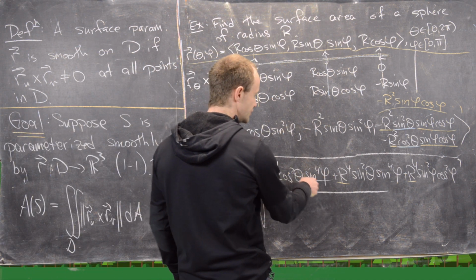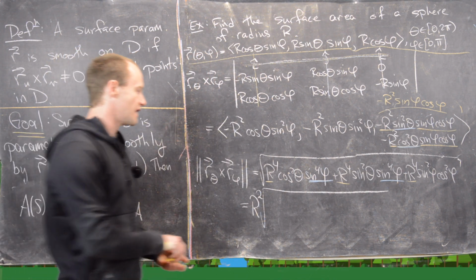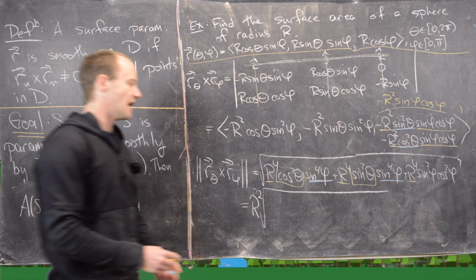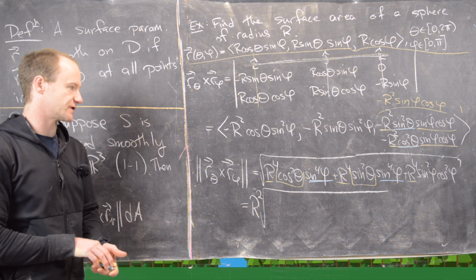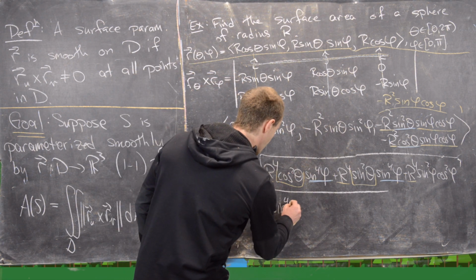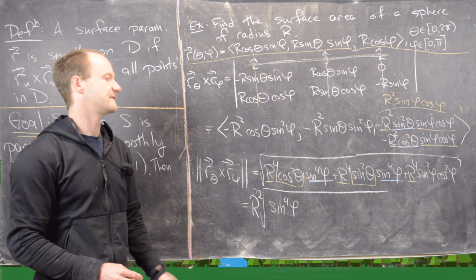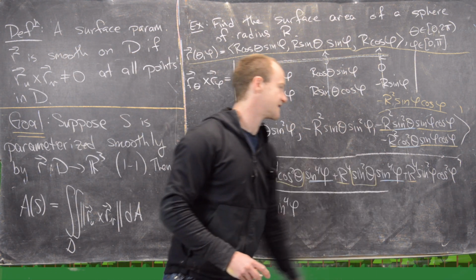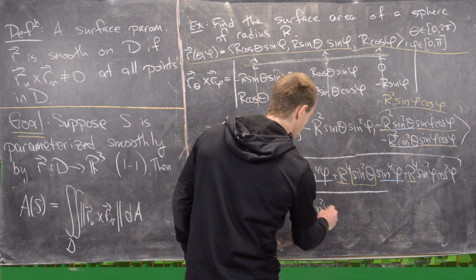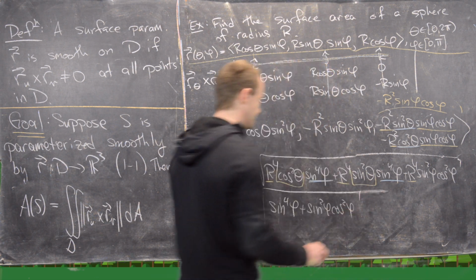They both have a sine to the fourth phi component, but one of them has a cosine squared theta and one of them has a sine squared theta. Then we can use the fact that sine squared plus cosine squared is 1. So that's going to give us a sine to the fourth phi from these first two terms. And then the last term is plus sine squared phi cosine squared phi.